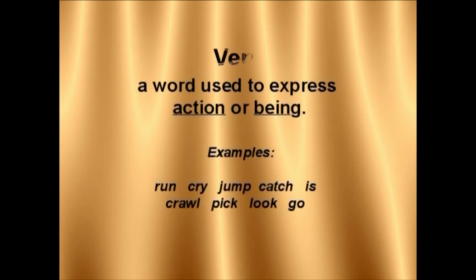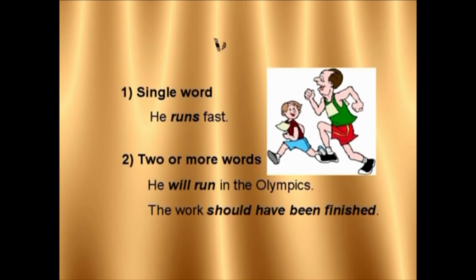Verb. A verb is a word used to express action or being. Examples are run, cry, jump, catch, is, crawl, speak, look, go. A verb may be a single word, as in "He runs fast," or it may be two or more words, as in "He will run in the Olympics."